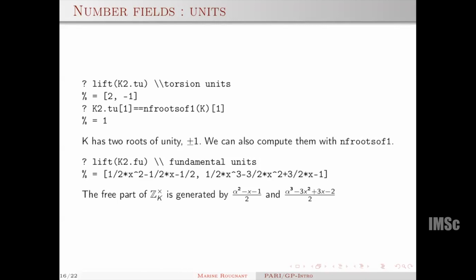And here we have half of alpha to the power 3 minus 3/2 of alpha squared plus 3/2 of alpha minus 1, that can be written like that. So these are a system of fundamental units.